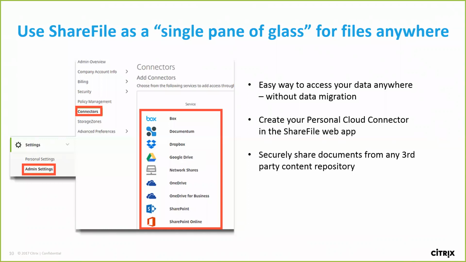By default, all of them are disabled, but if you spot any from this list that you have, you can enable them on an account-wide basis. Enabling them for the account just means that every user in your account, all of your employees, could then connect to their connectors. So you turn it on from an admin perspective, allowing each employee to decide if they want to enable their connectors.